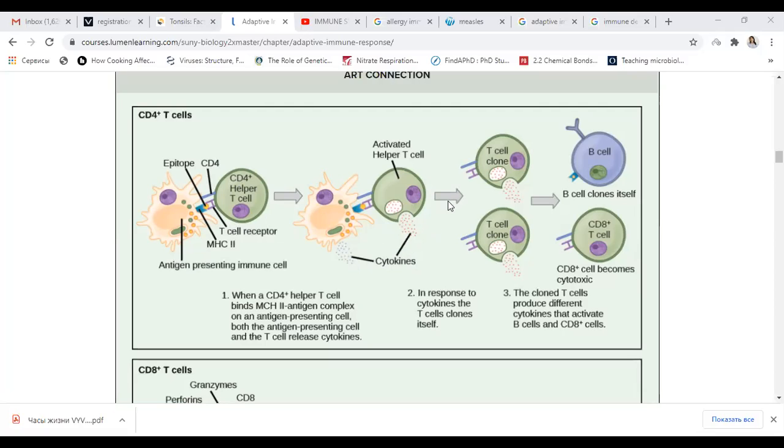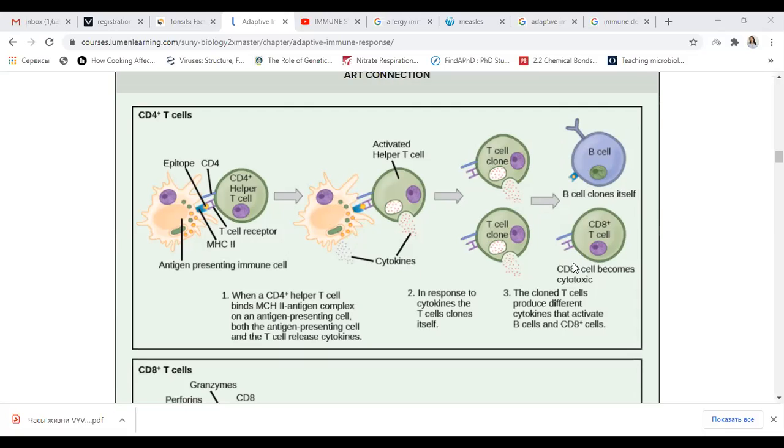Then the T cell will signal for more T cells to be produced, clones of the T cells. We need to be sure that this antigen presenting cell is completely destroyed. At the same time, it will ask for B cell clones, so the B cells will be cloned as well to produce antibodies.